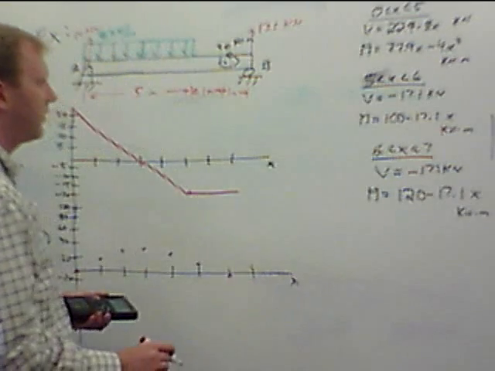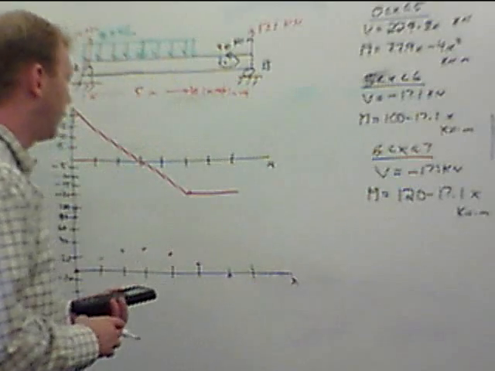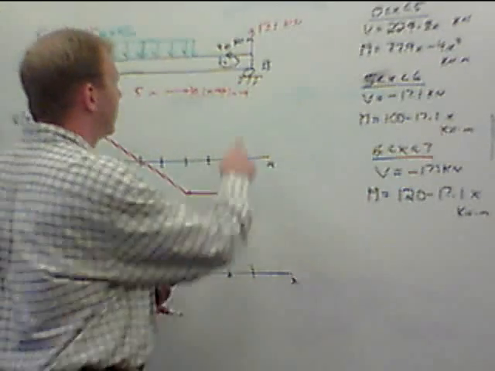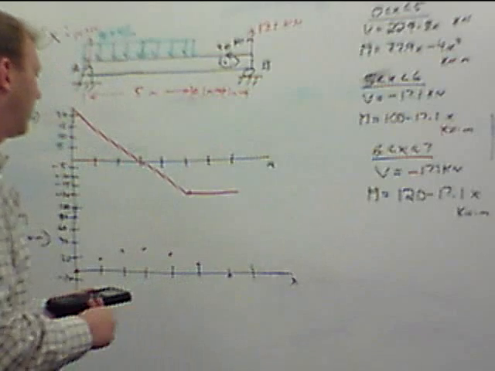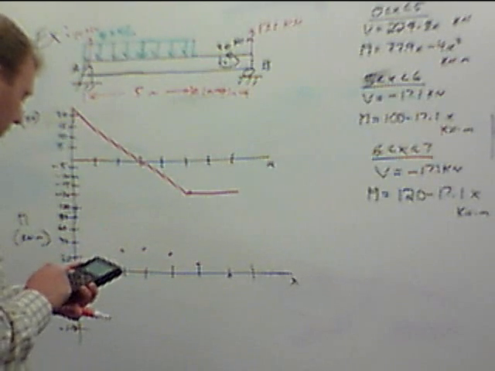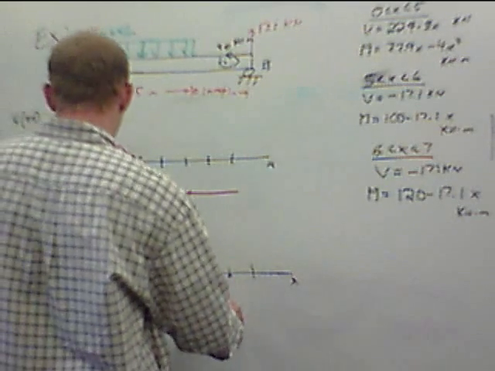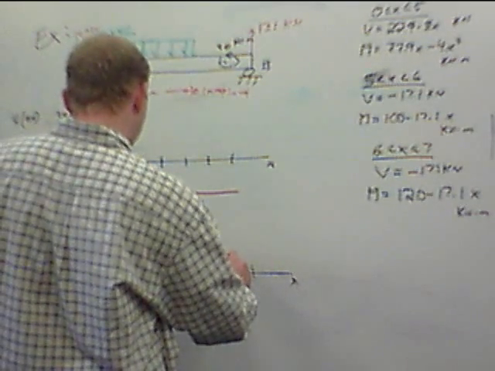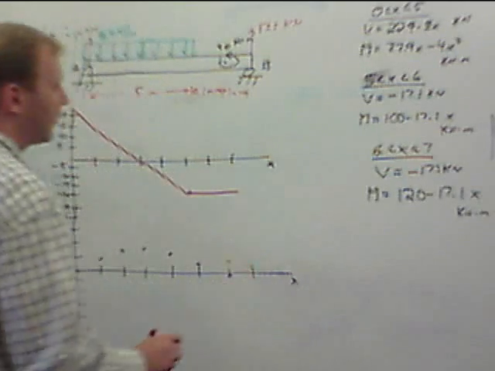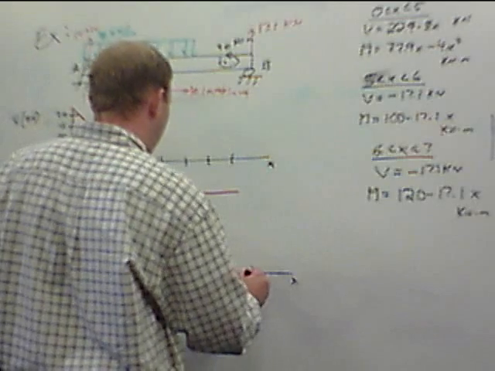And then at 6 here, we'll check this one. We should not get the same point. We should get a jump because we have an applied moment. Obviously it does jump by 20. But if you want to plug it in, it's 120 minus 17.1 times 6, and you end up with 17.4, which is obviously a nice jump of 20 here. And then at the end, 120 minus 17.1 times 7 does equal 0.